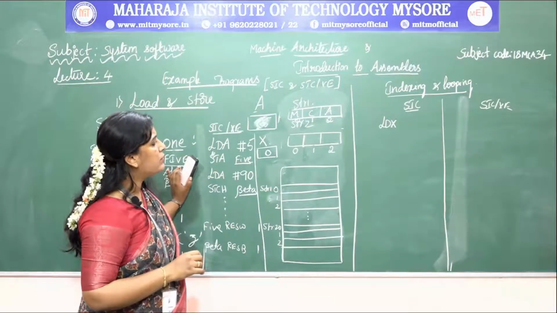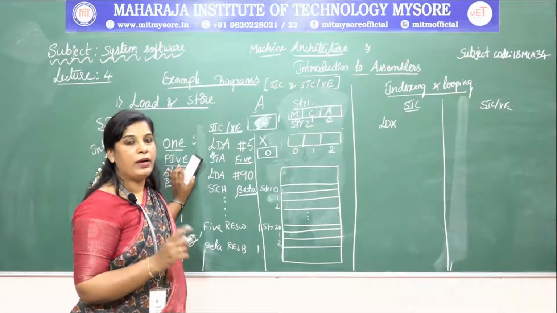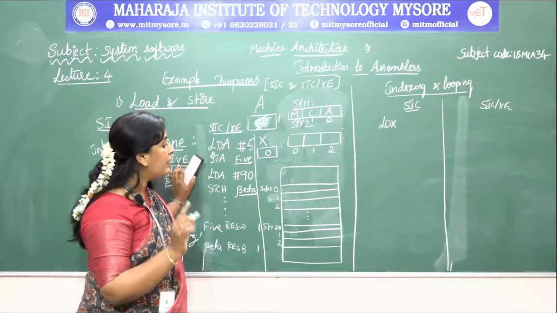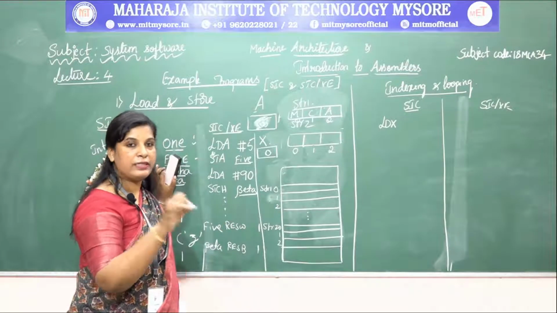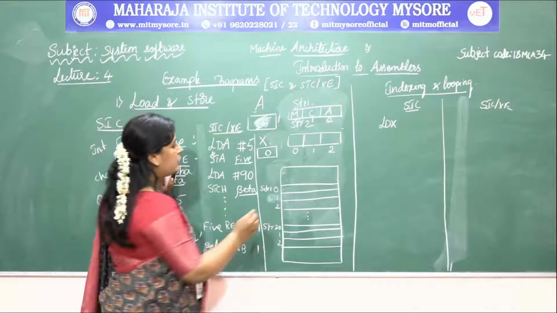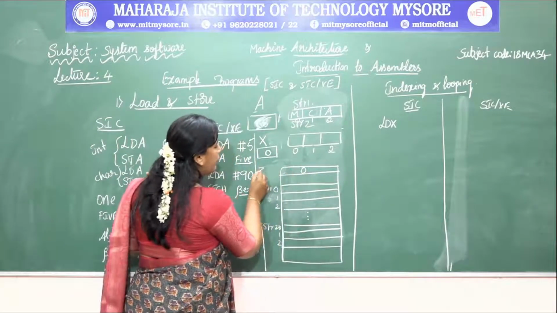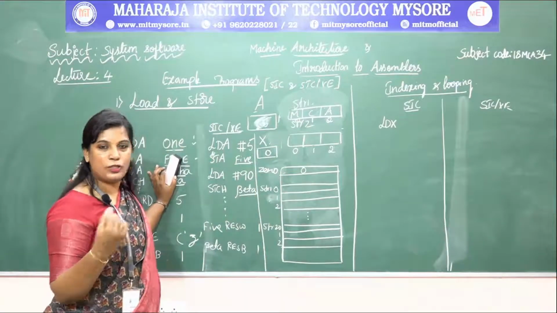If it is the SIC/XE machine architecture, I can directly use the immediate addressing mode. But here, to initialize the index register value as 0, first I need to define an integer using some memory variable. The 0 is there in some memory location, and I give that memory location a name. Whatever name, you can give it.